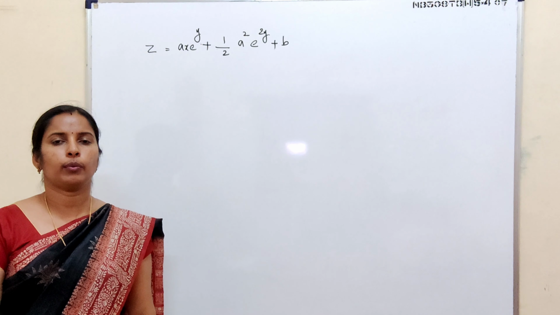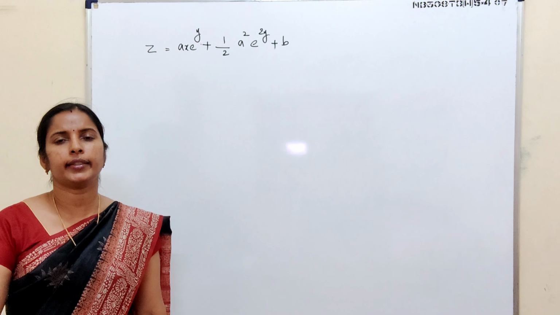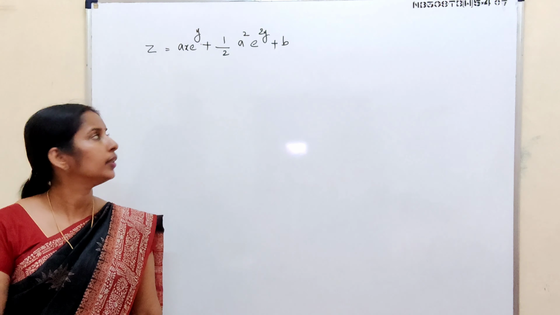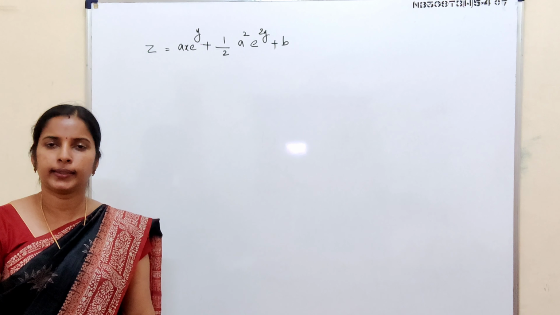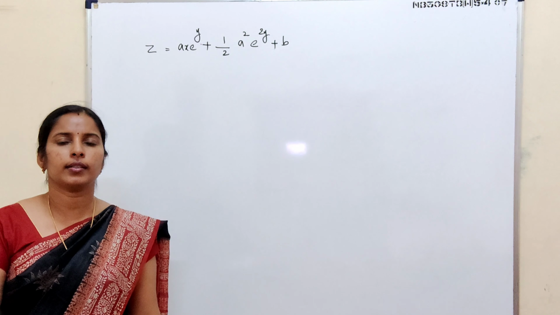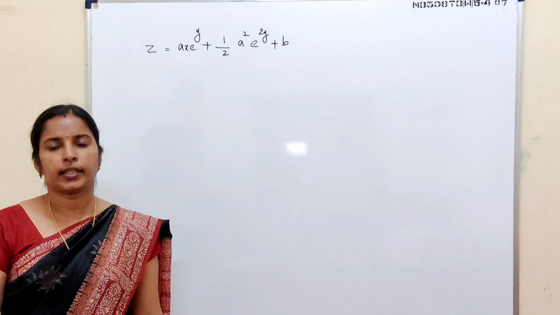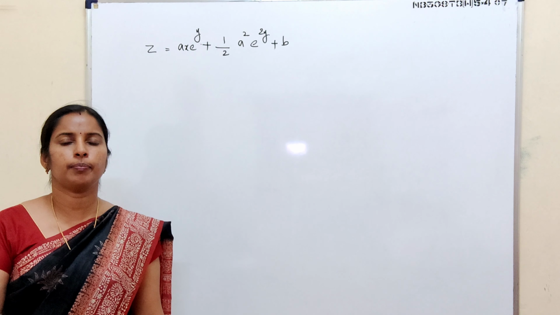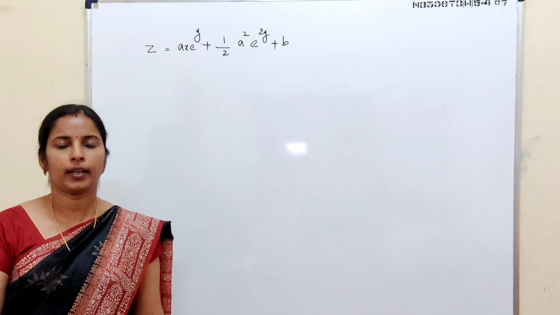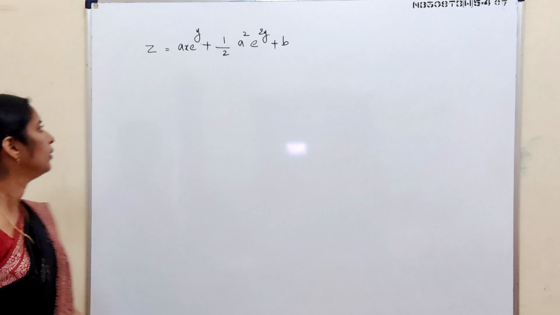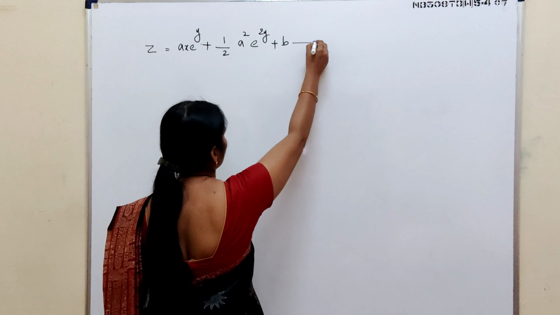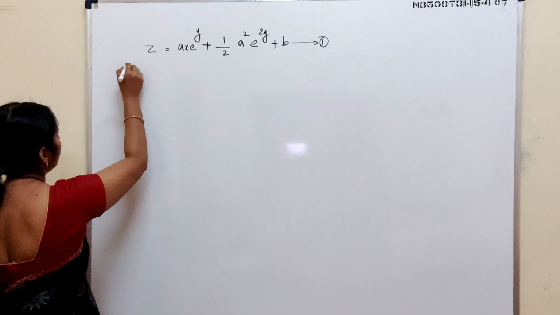Form a partial differential equation from z equal to axe^y plus half a square e^(2y) plus b. Here the arbitrary constants are a and b. For getting a partial differential equation, first you differentiate partially with respect to x and y. Let this be equation number 1.